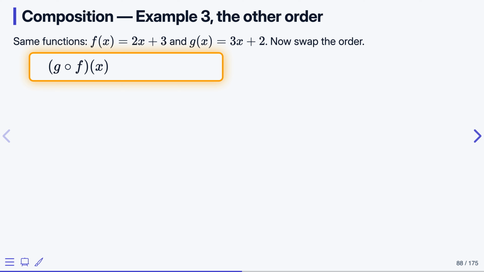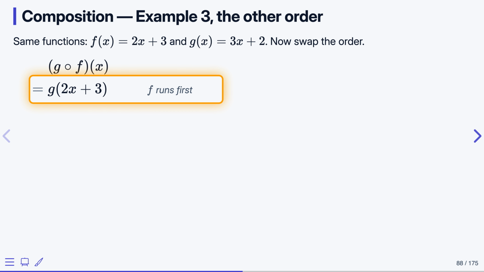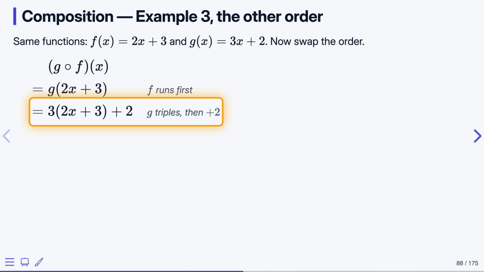Now the other order, g circle f, with the same two functions. Step 1. This time f runs first. F of x is 2x plus 3, so we have g of the quantity 2x plus 3. Step 2. Now apply g, it triples its input and adds 2. That gives 3 times the quantity 2x plus 3 plus 2.